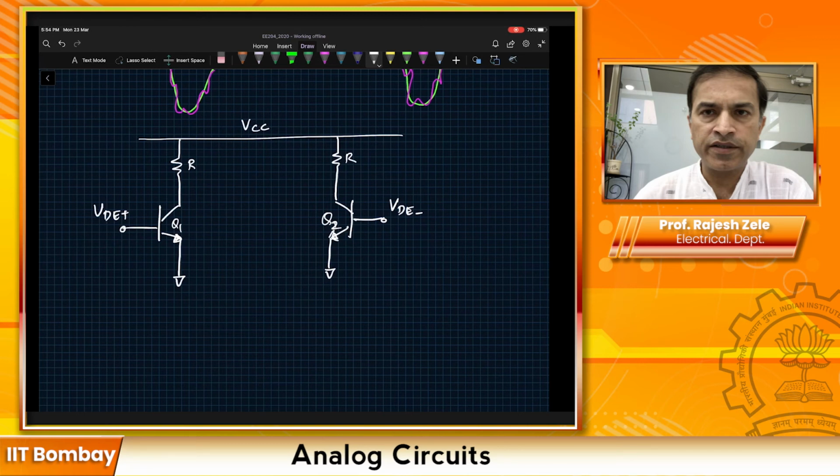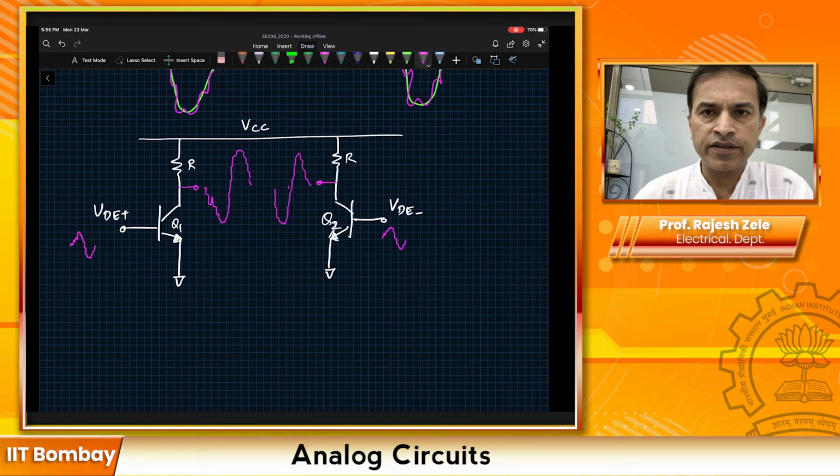Here we have a waveform that looks like this, and here you have another waveform that looks like this. When you amplify it, at this output on one side you will see a flipped waveform which would look like this, and here also you would see something like this.